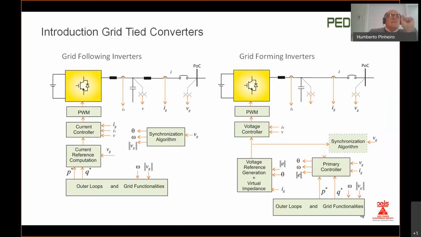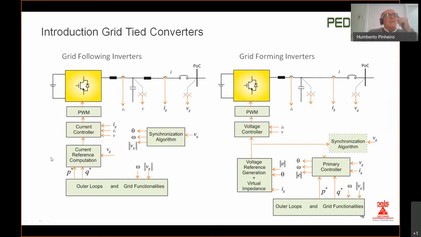It has an inner current loop and a synchronization algorithm that plays a key role in taking the information from the grid and generating the angular position and frequency that is used to make it possible to inject into the grid the desired active and reactive power.